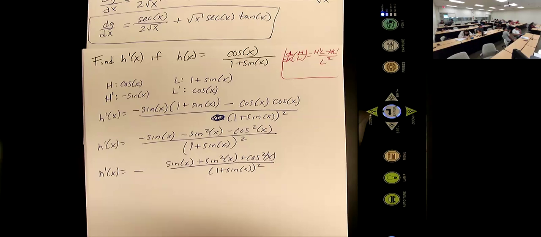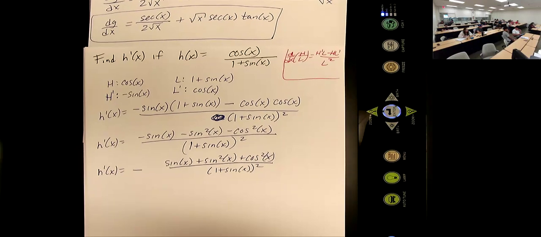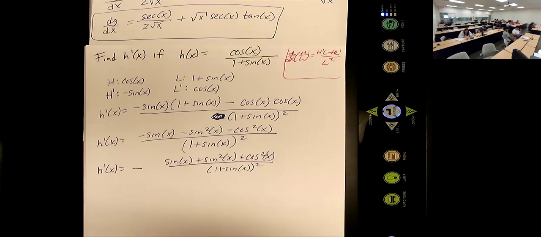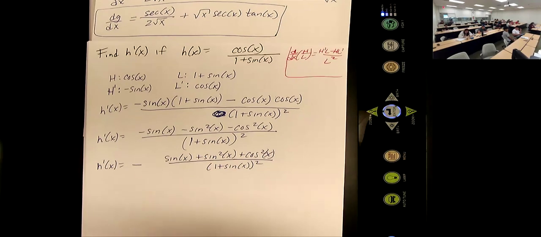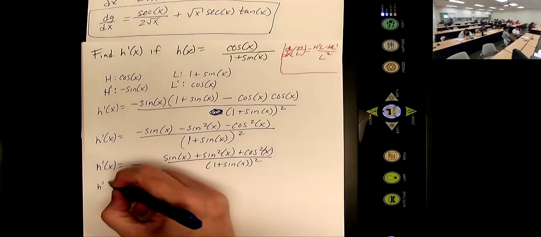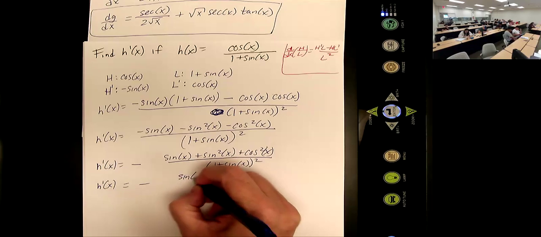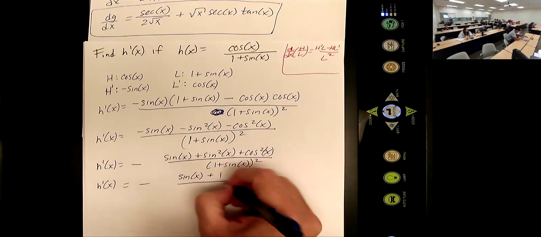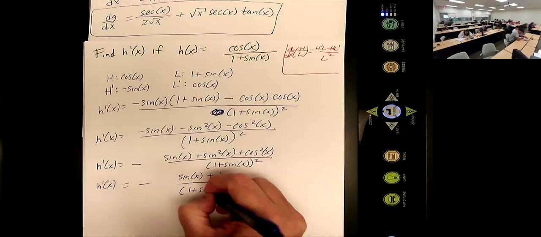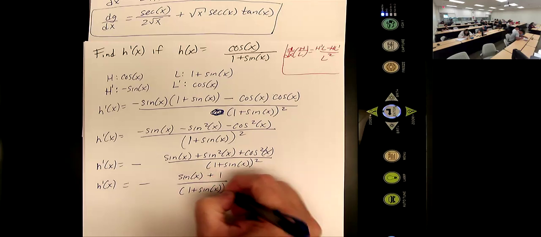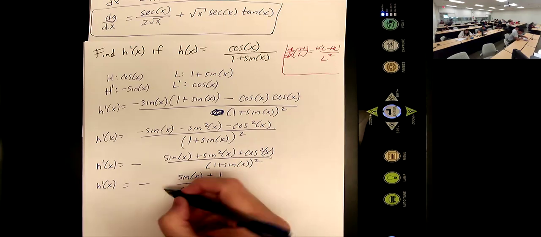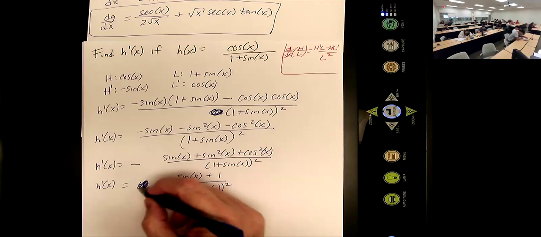I put the negative outside the fraction, but you can put it on top, putting everything in brackets or parentheses, that's fine. Anything to clean up here? Yeah, sine squared x plus cosine squared x equals 1. So the top condenses down to that, and the bottom, that. Put the negative over there, make it a little bit closer.